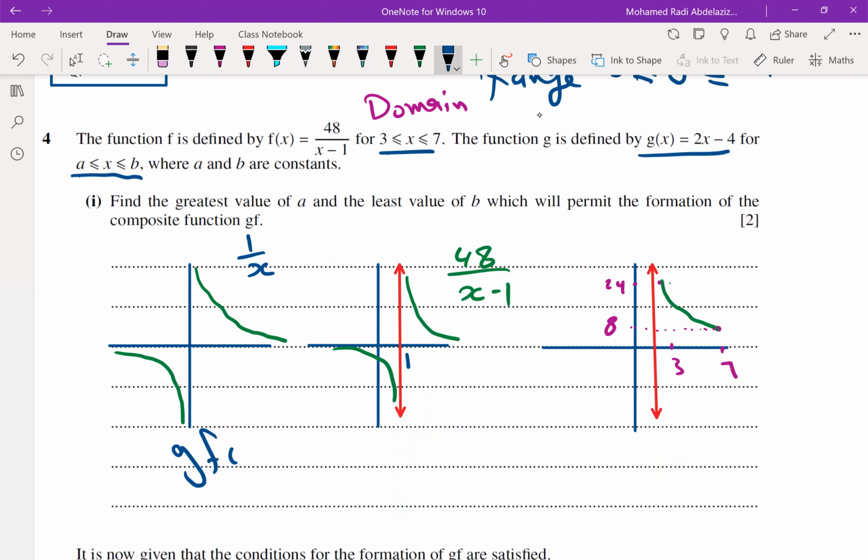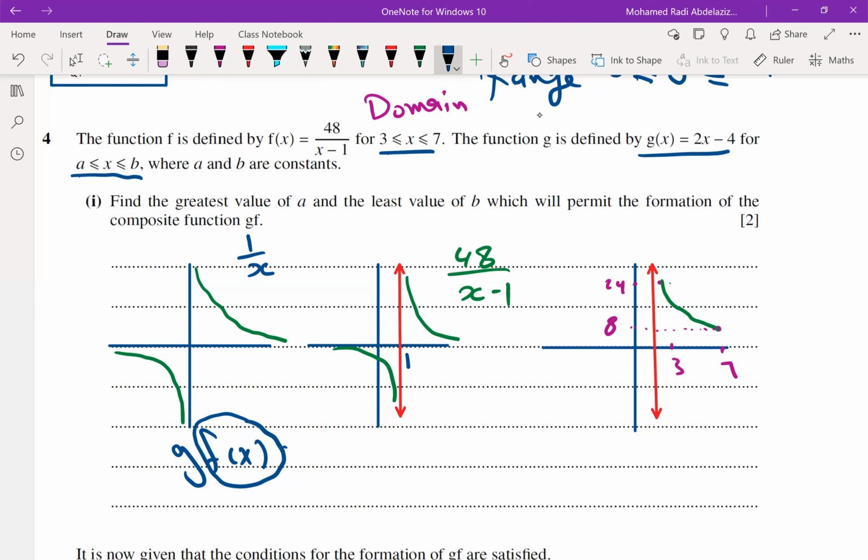You can form the composite function gf of x for all the values of the domain. First, we start with f of x. Its range is what? The range is 8 to 24. So to form this function, 8 and 24 have to be part of the domain of g. Again, 8 and 24 have to be part of the domain of g to form this composite function.